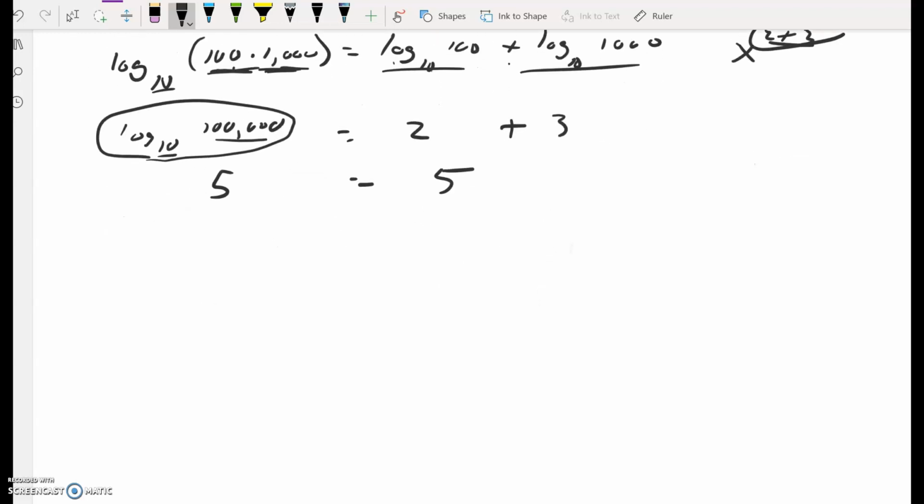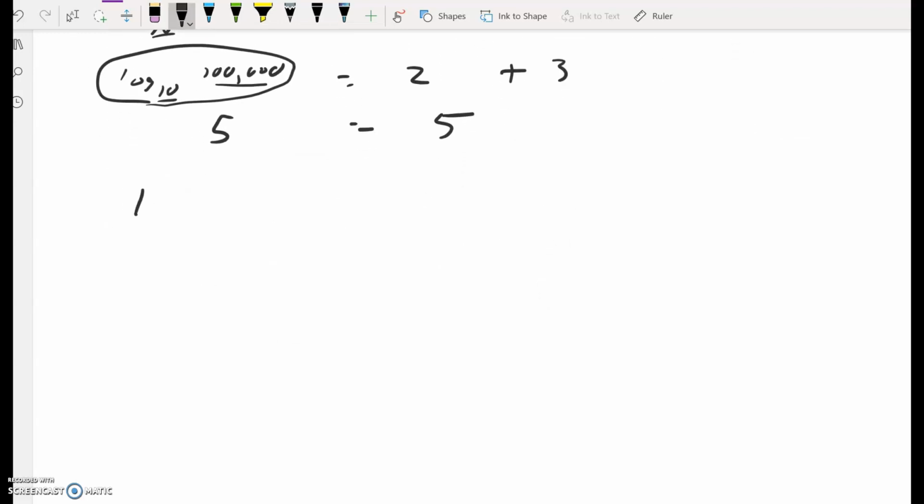So that's the first property. The second one is very, very much the same. It is that the logarithm of a quotient or a division is not the sum of the logarithms, it's not the product of the logarithms, it's not the division of the logarithms. It is the difference. It is what you get when you subtract the logarithms.